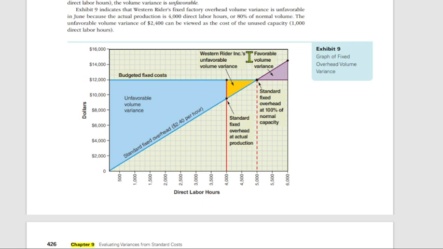So kung tingnan mo yung legends related to the variances, itong yellow mark, this is an unfavorable volume variance because mas mataas yung actual compared to the standard. At dito lang siya nag-generate under the violet ng favorable volume variance kasi ay mas maliit na yung actual versus doon sa kanyang standard cost.